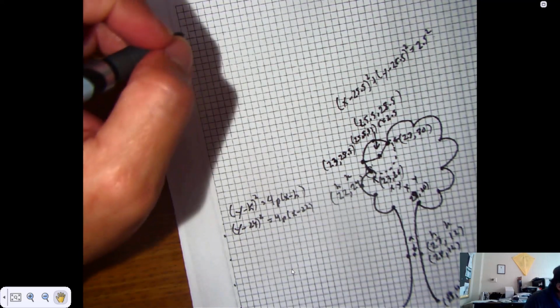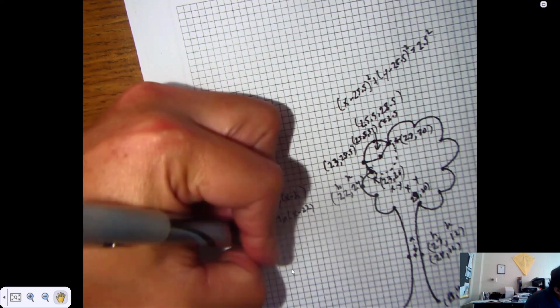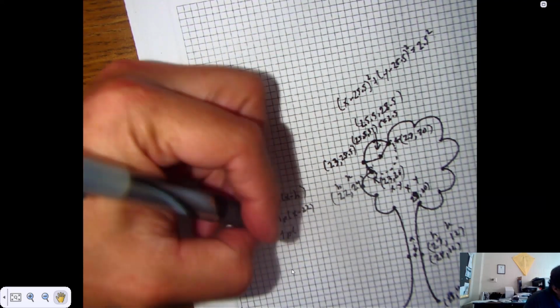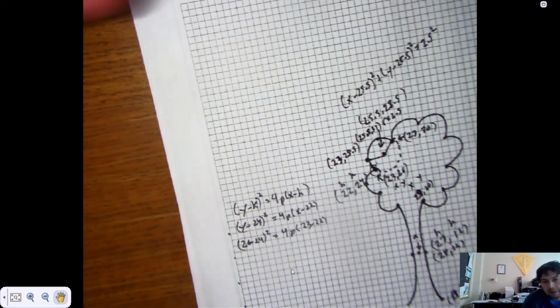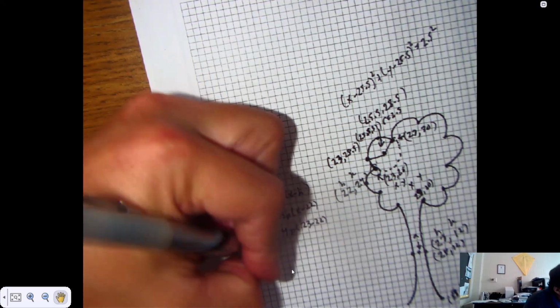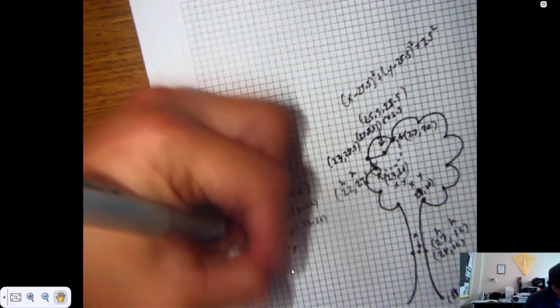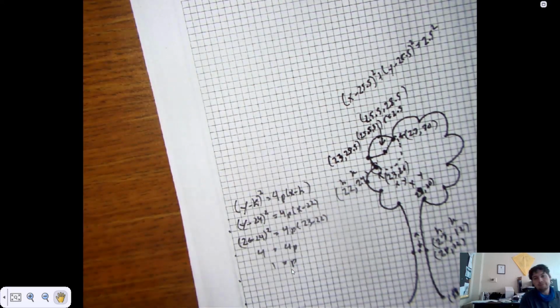Y looks like 26, so 26 minus 24 all squared is 4p, times 23 minus 22. You just do the math. 26 minus 24 is 2. 2 squared is 4. And this is 1. We end up with a p-value of exactly 1.